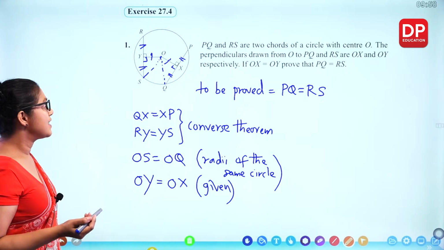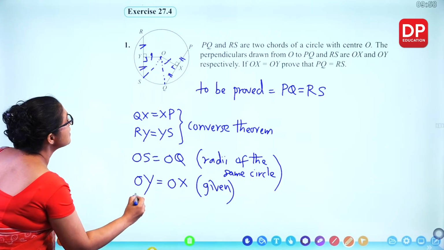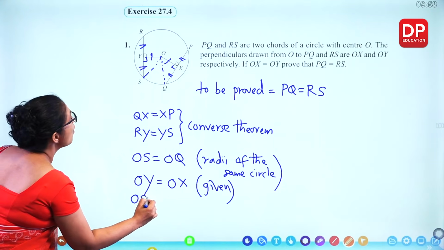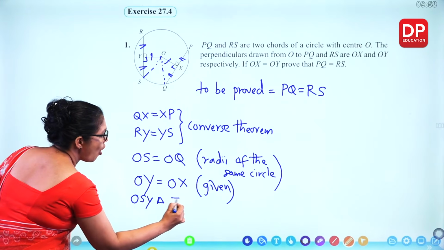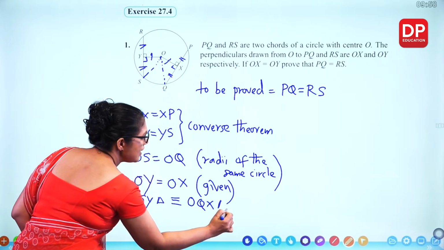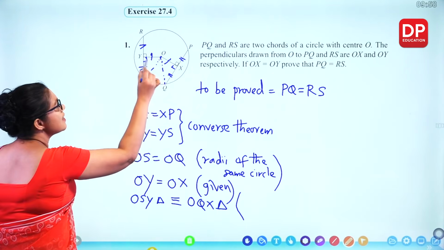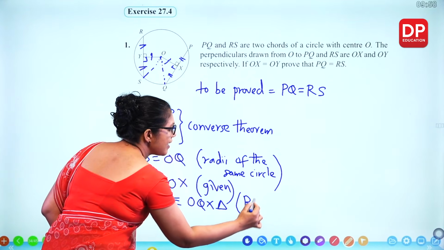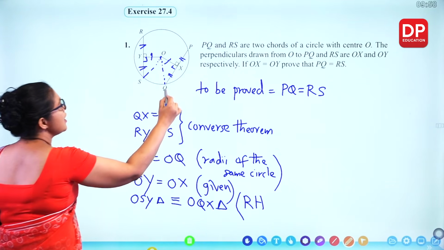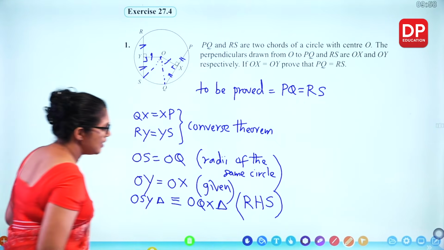These are right angle triangles. So we can say, according to this diagram, OSY triangle is congruent to OQX triangle. What's the reason? Reason is this is a right angle triangle and the hypotenuse and one side are equal.